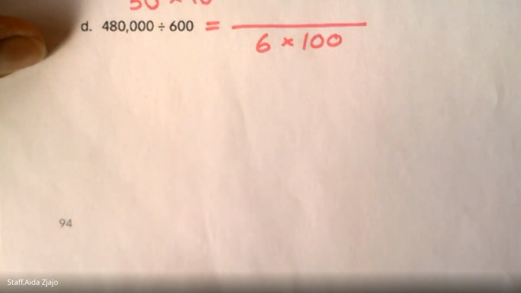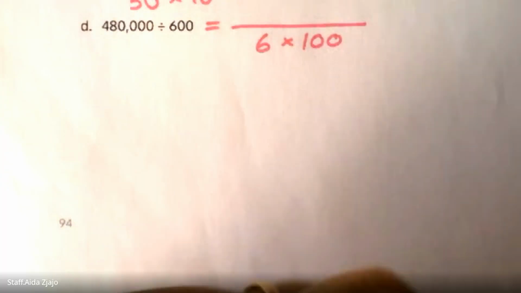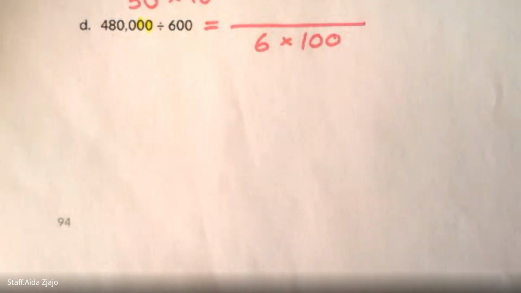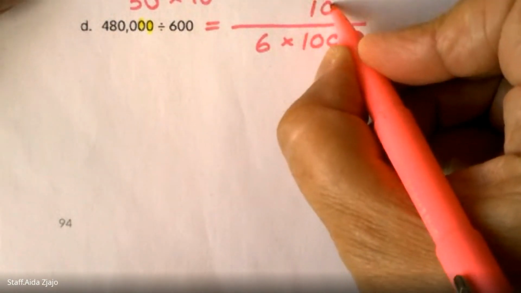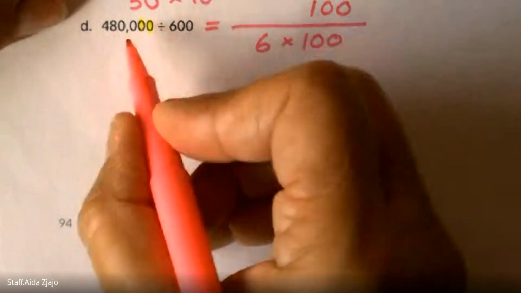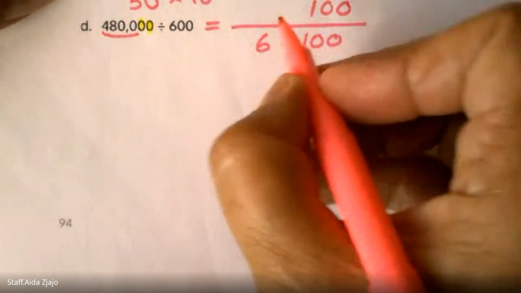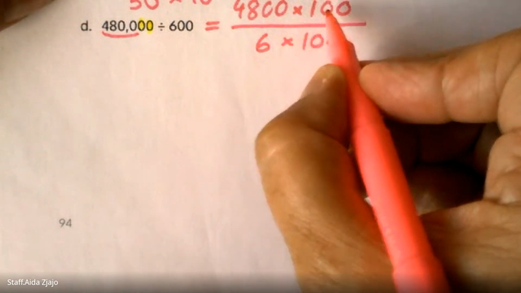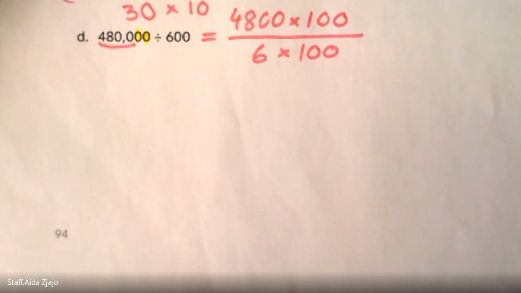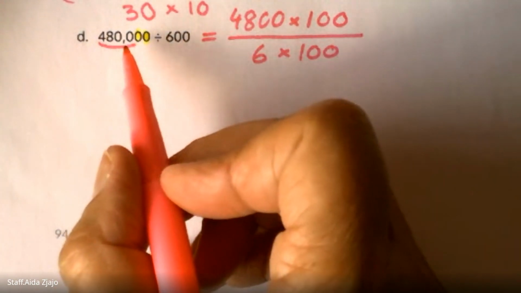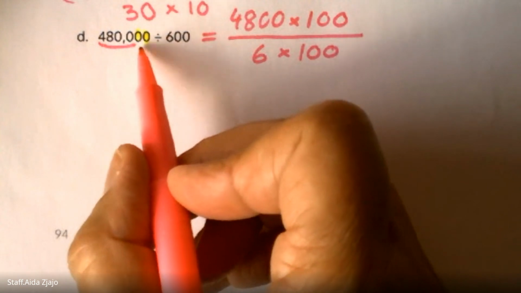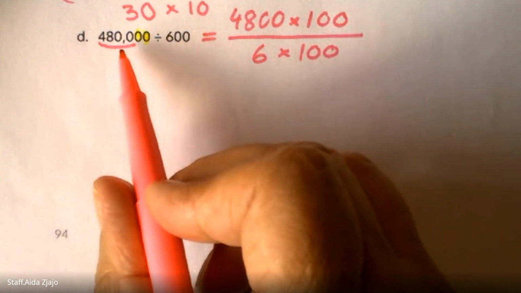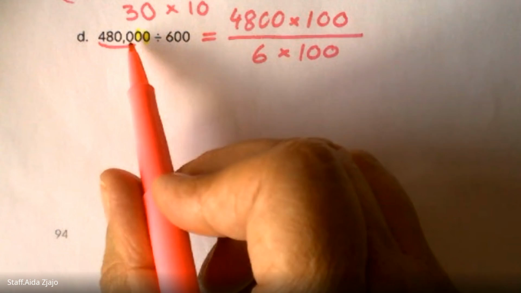So now I'm going to decompose these two zeros to be on the top. So I will have also 100, and then I will have this many left. So 4800 is 48 times 100, and that is the same as this.